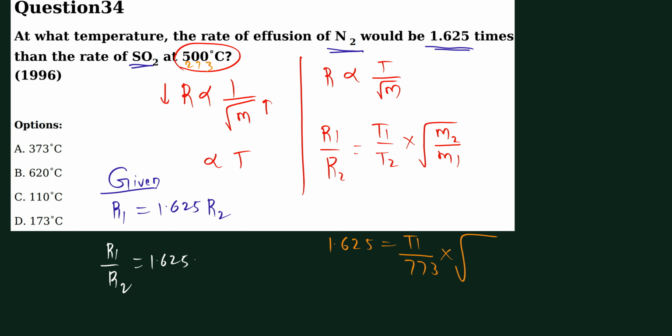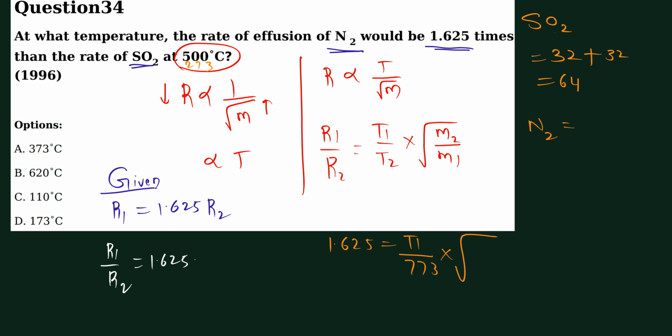773 into root over, what is the molecular weight of sulfur dioxide? Sulfur's atomic weight is 32, plus here we have 2 oxygen. Oxygen atomic weight is 16, 16 into 2 is 32, 32 plus 32 is 64.